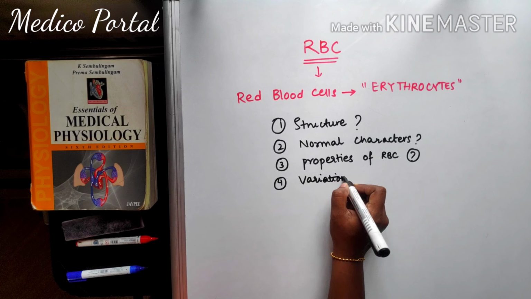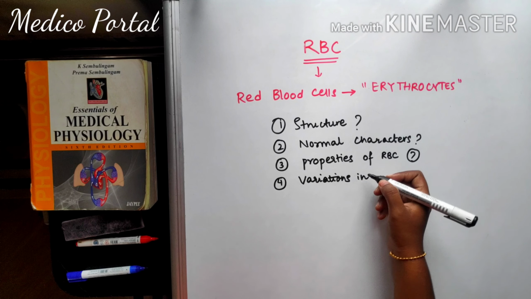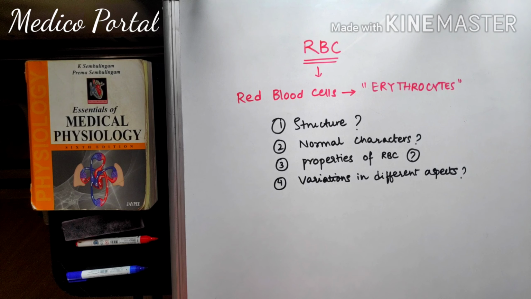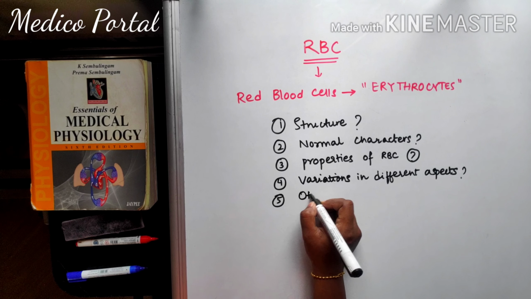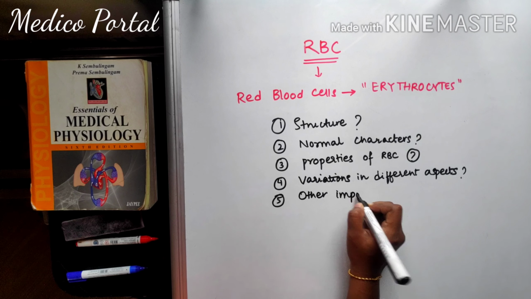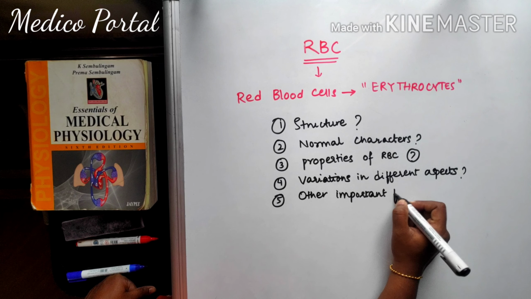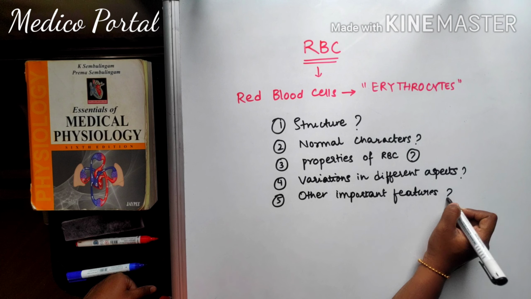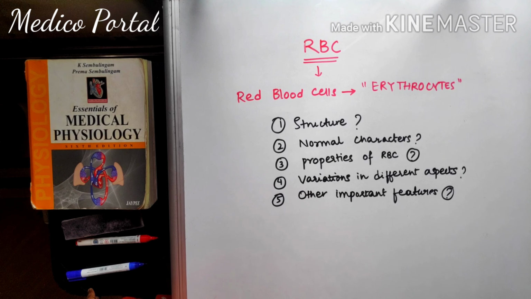Then the variations of RBC in different aspects or categories, the different pathological conditions as well, and other important features related to the RBC. We are going to deal with all of these in today's video.